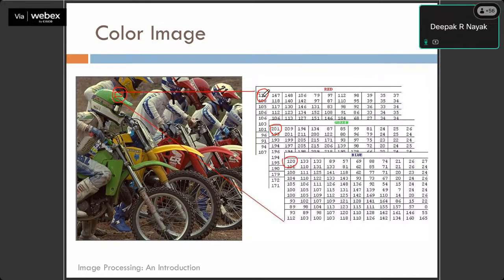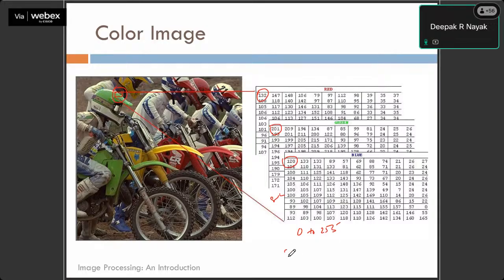And the combination of 132, 201, and 120 corresponds to a color in a color image. So every color image will have three different planes or channels: red channel, green channel, and blue channel. And in every channel, you'll have values lying from 0 to 255. So the red is an 8-bit image, green is an 8-bit image, blue is also an 8-bit image.